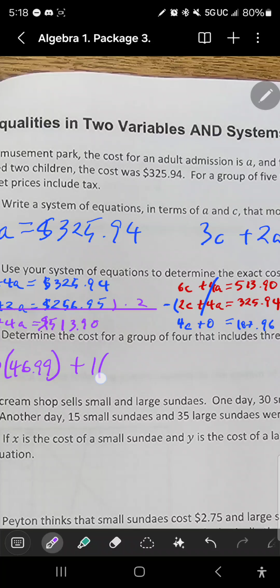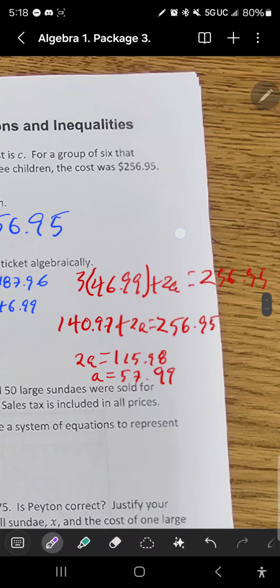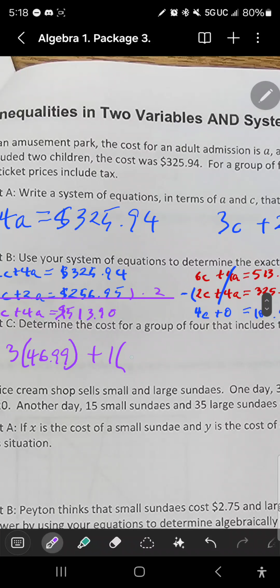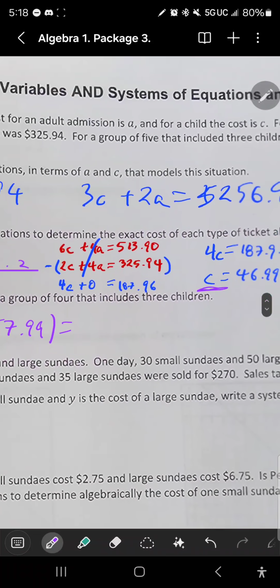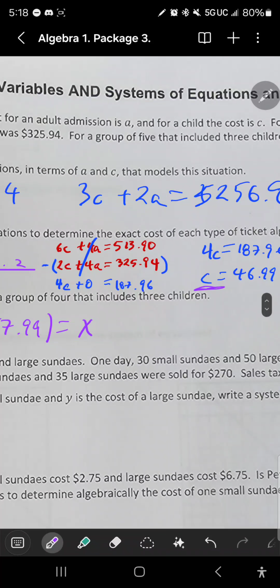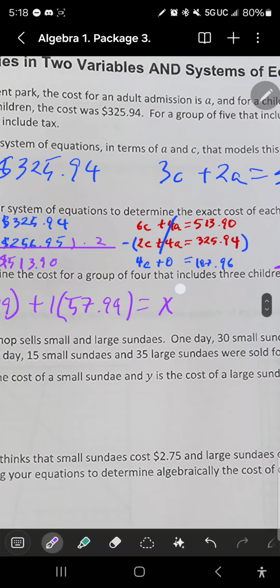Therefore, the cost for an adult, which we calculated as well, is 57.99, equals the price for the 3 children and the adult.